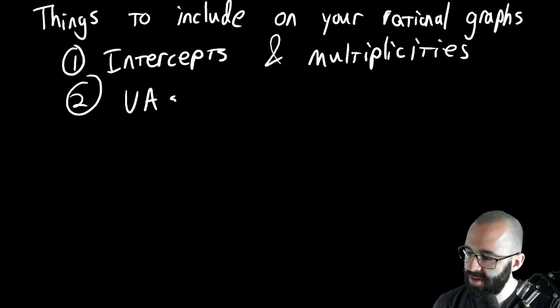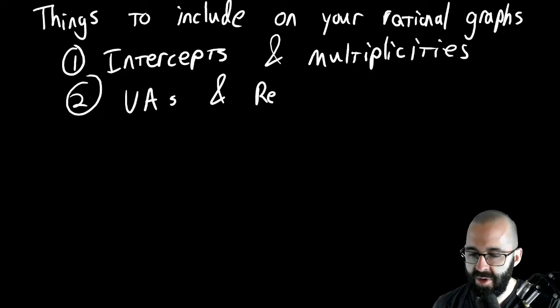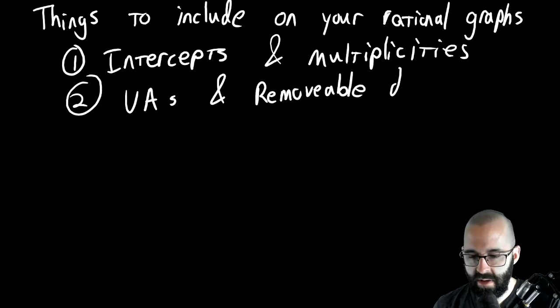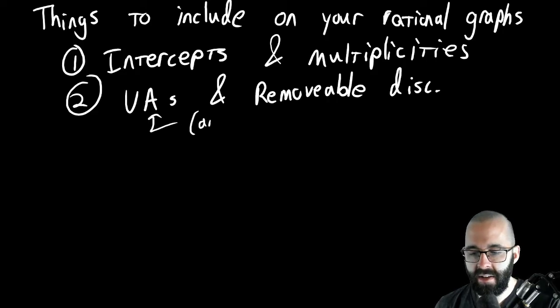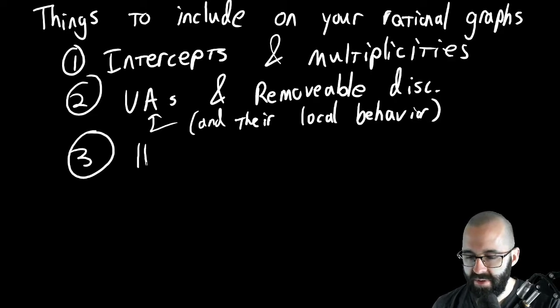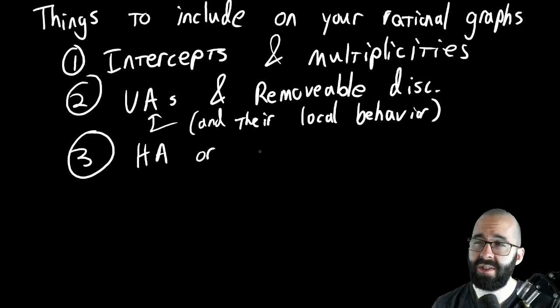Include the vertical asymptotes and removable discontinuities, and their local behavior, just like we talked about for those vertical asymptotes. And lastly, include either the horizontal asymptotes or slant asymptotes. I think it's always one or the other for rationals.